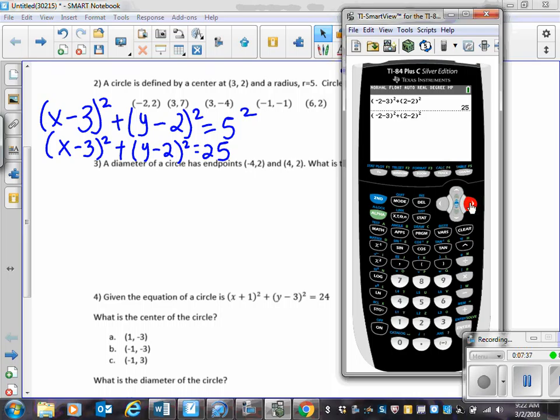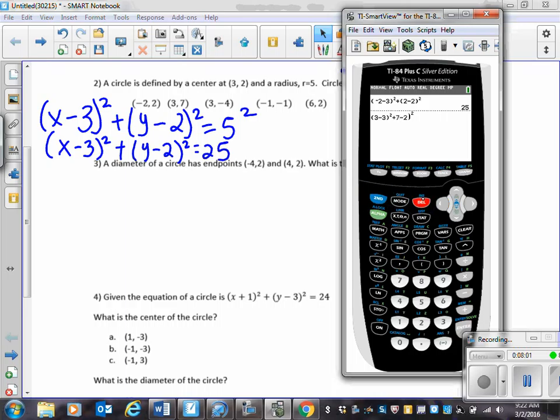I'm going to delete and change it to 3. So I have 3 minus 3. Then the y coordinate is 7 for the next number, right? So I'll just come here, make it 7, and delete this one. Oh, it deleted the parentheses, sorry.